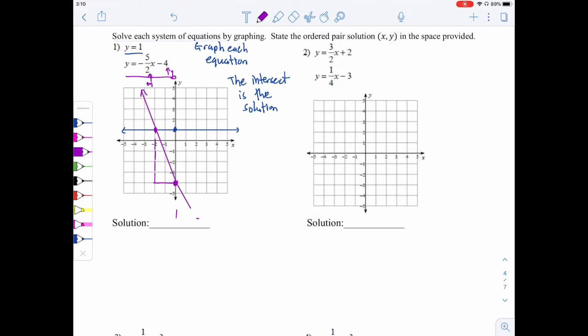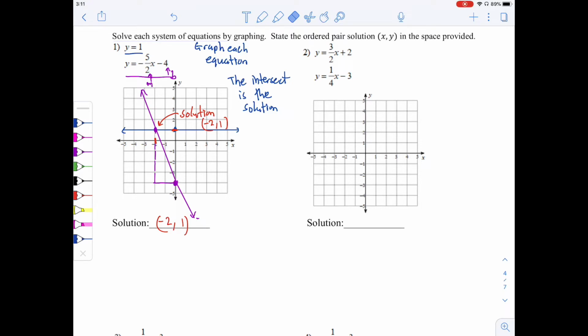It's a negative slope going down to the right. And you see the intersection right here. That's your solution. So our solution is at (-2, 1).